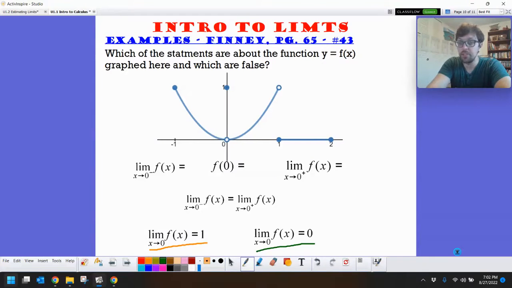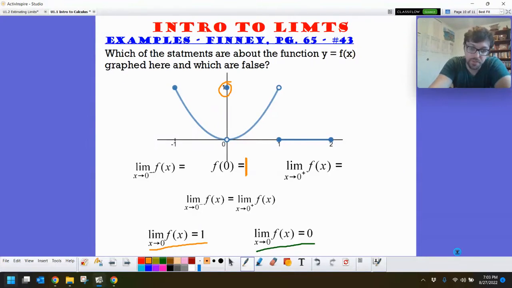But to start, I want to first say, what is the function equaling? Not the limit, but what does the function actually do? This doesn't help us determine the limit, but it is nice to know, to understand that we're not talking about what the function actually does there. We only care about where the function is heading towards as it approaches that point. So f of 0 is this filled-in dot right there.